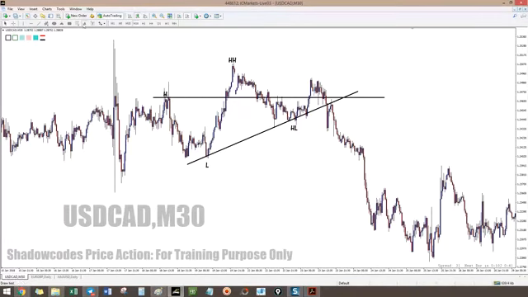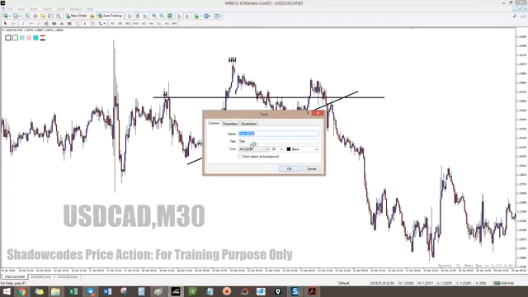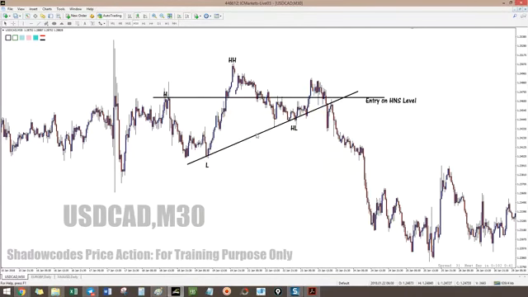Okay. So this will be entry on HNS level. And then the zone will be marked over here.